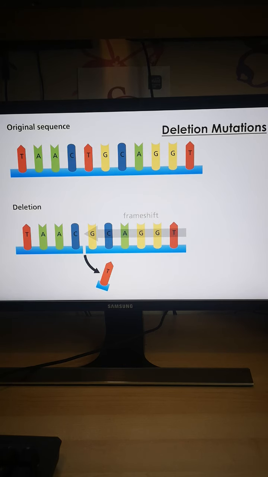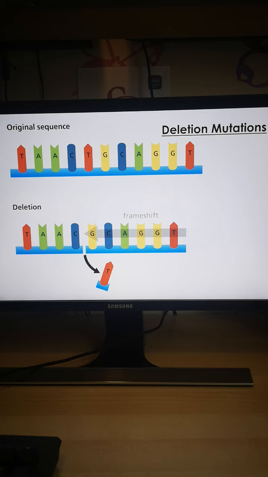Okay, so returning to my PowerPoint, because I want to give you a good example of a deletion mutation for your keynotes. Noting that that picture was an addition, which I'll explain in a second. So deletion mutation, here's the original sequence in the DNA. During DNA replication, this is what's happened.